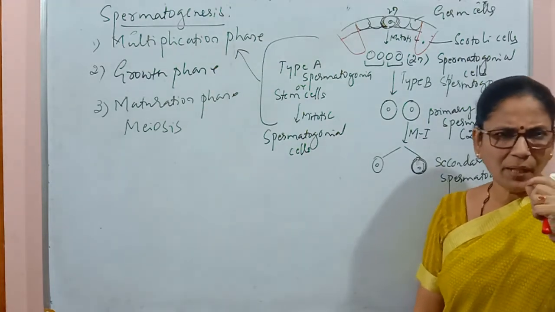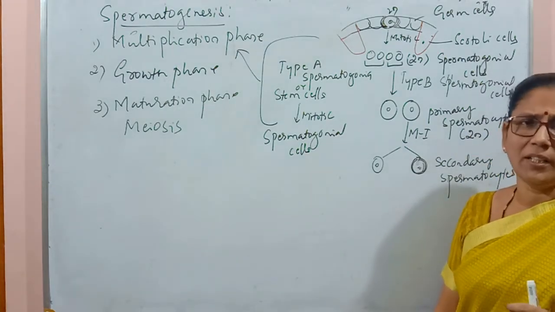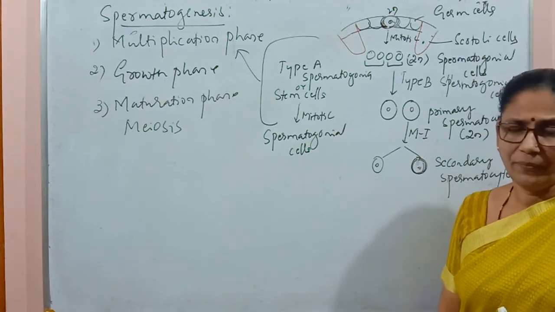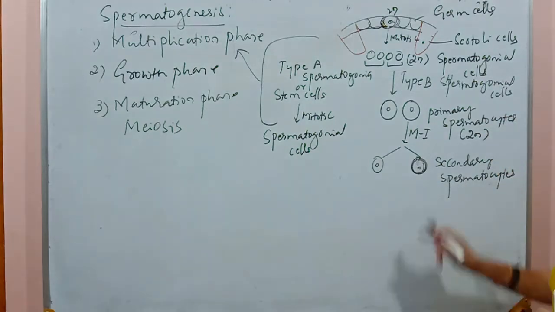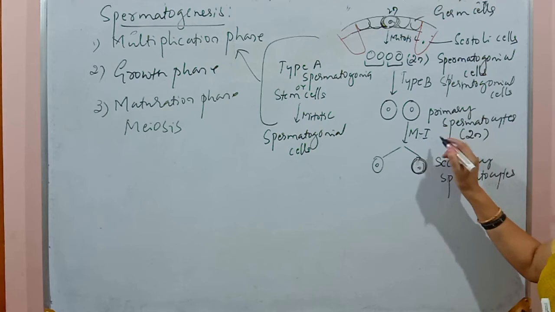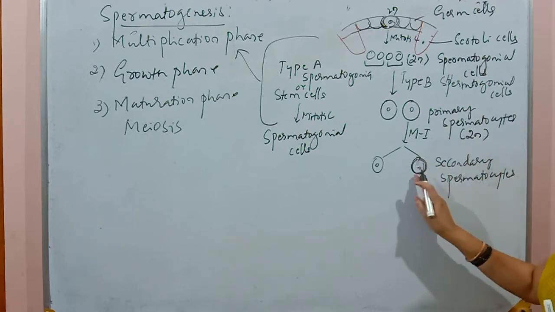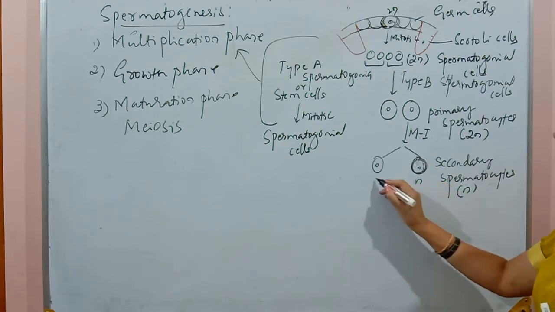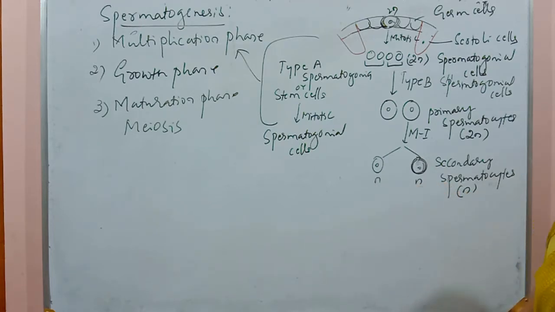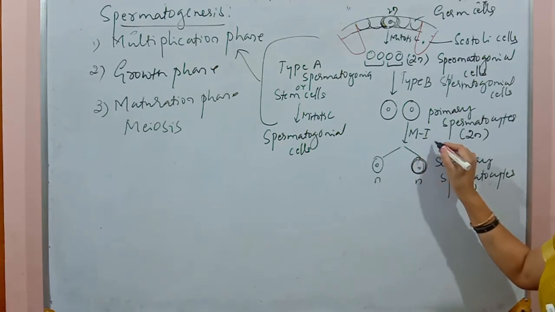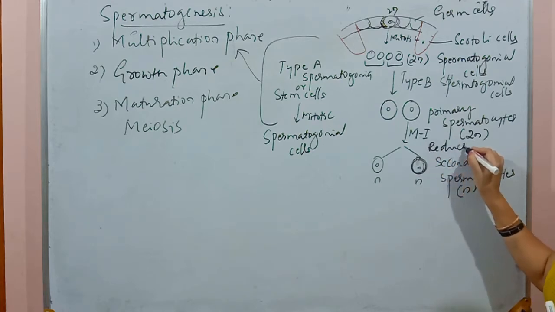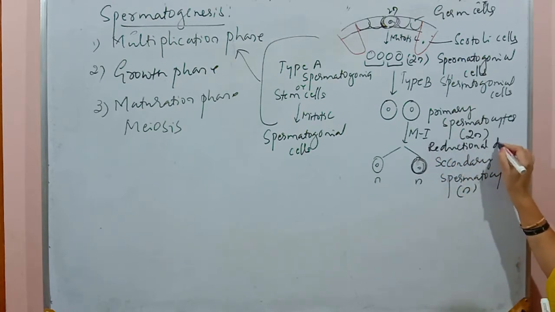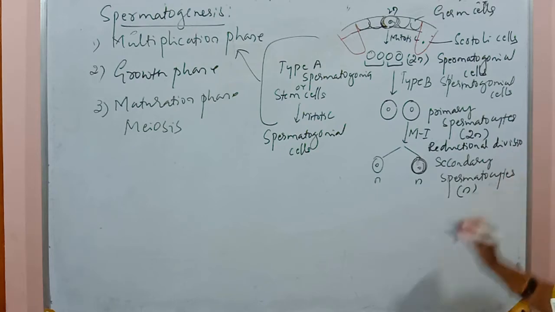But here there are many very important points we have to understand. Primary spermatocytes are diploid, but secondary spermatocytes are haploid, because the first meiotic division is called a reductional division.